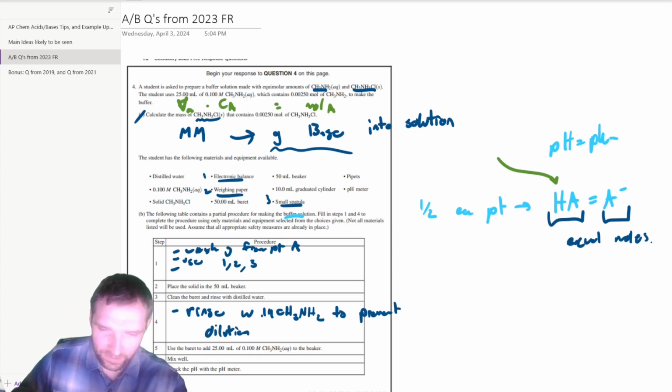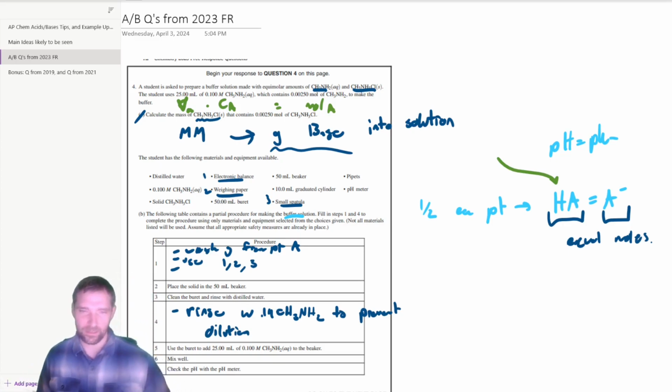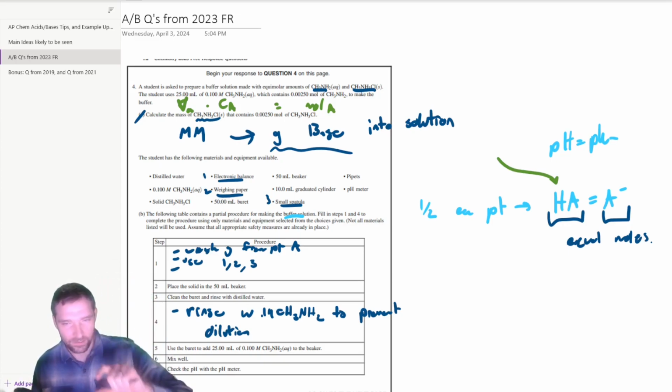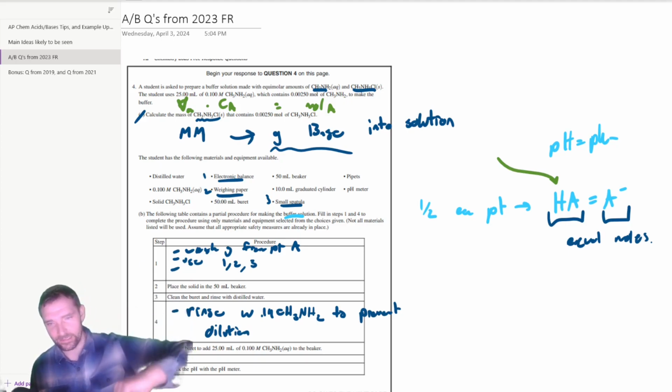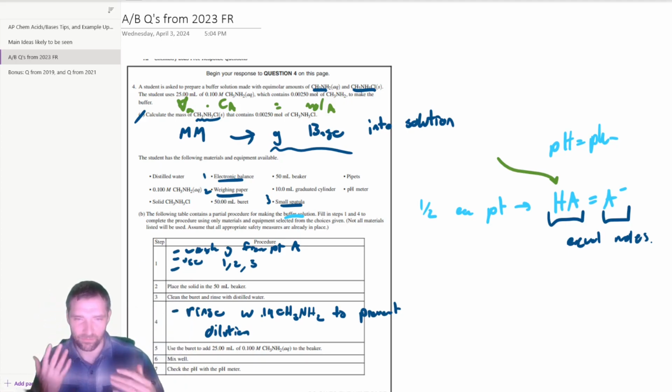That's just kind of an experimental thing. If you've even got a little bit of water in that, when you add in the acid, you've kind of diluted it, so you've thrown off the concentration. So you've got to be careful there.